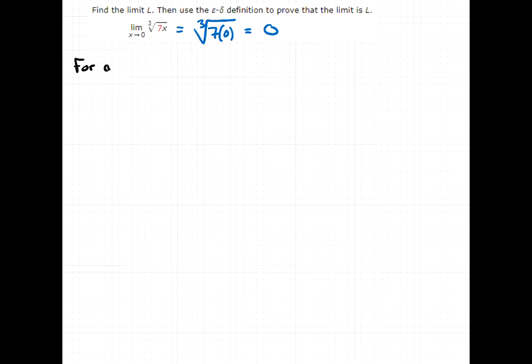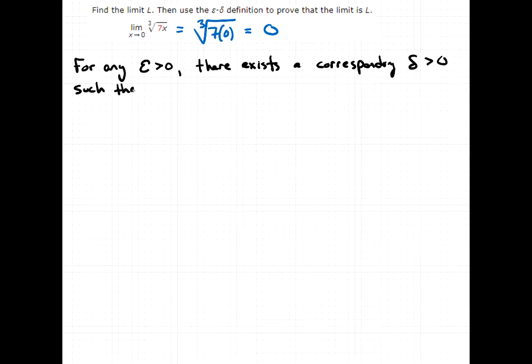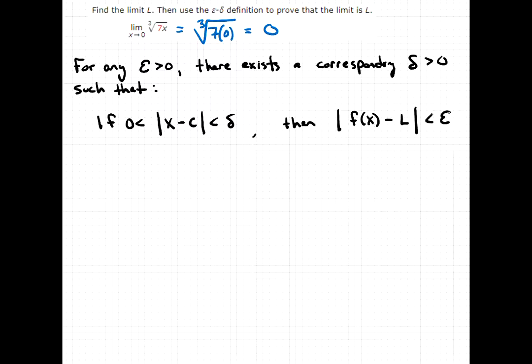So, the epsilon delta definition. For any positive number epsilon, there exists a corresponding delta, which is also positive, such that if the absolute value of x minus c is not 0, but less than delta, then the absolute value of f of x minus L will be less than epsilon.